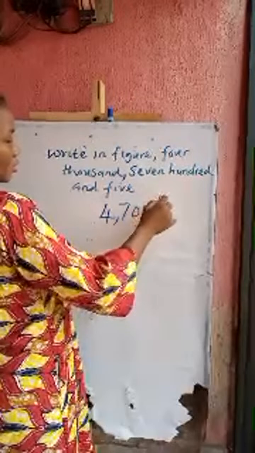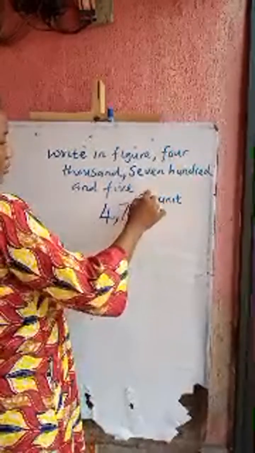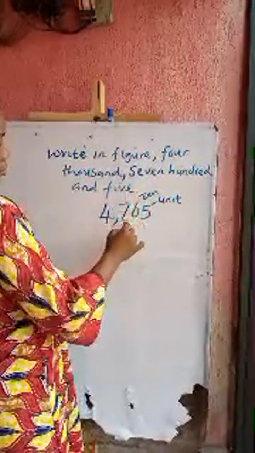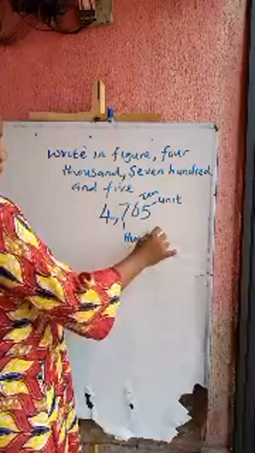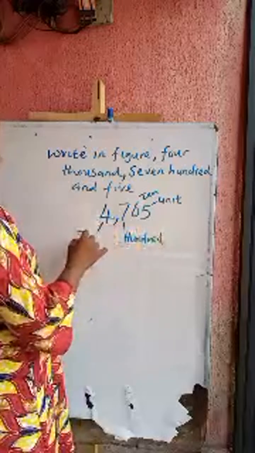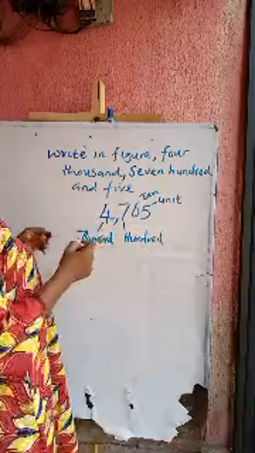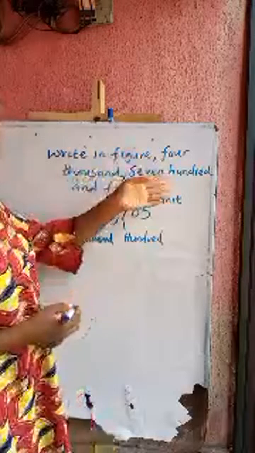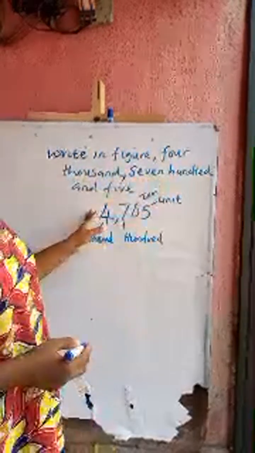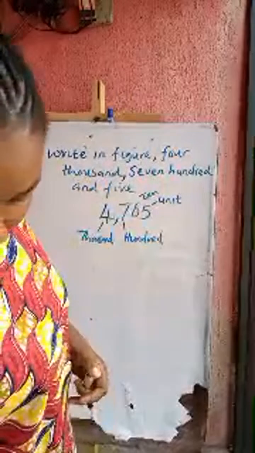This is the unit, tens, hundred, and this is the thousand. So write in figure 4,705. This is what we have as our answer.